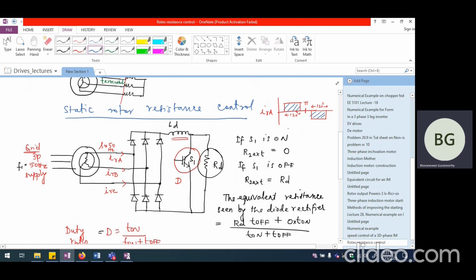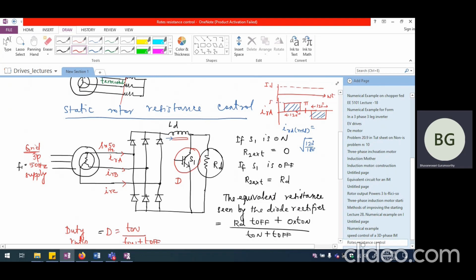So if I try to calculate the RMS value, IRA RMS, we wrote this as square root of 120 divided by 180 multiplied by whatever is the DC value, because here the current we are assuming is ripple free. So if I try to look at the DC side current, it will literally look somewhat like this. So this is omega T. And the DC current is going to be some fixed value corresponding to ID.